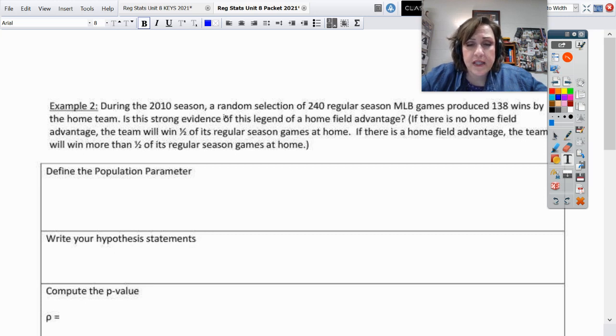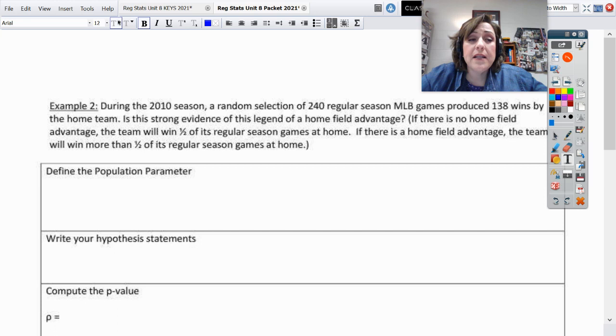Is this strong evidence of the legend of the home field advantage? Okay, so I gave you some hints here. It says, if there is no home field advantage, then the team will win half of its regular season games at home. And if there is a home field advantage, the team will win more than half of its regular season games at home.